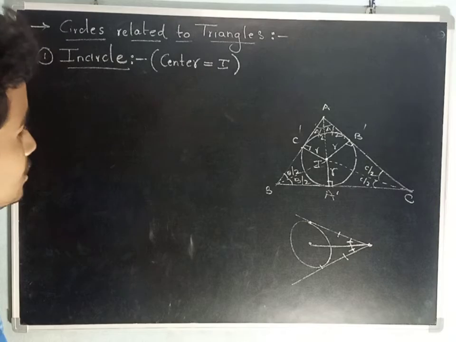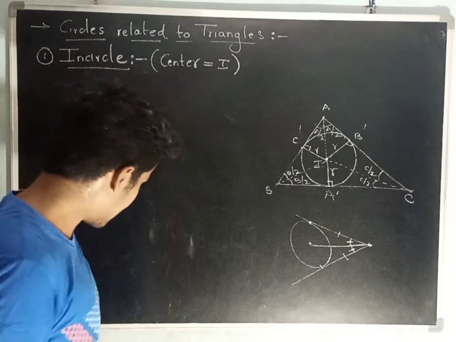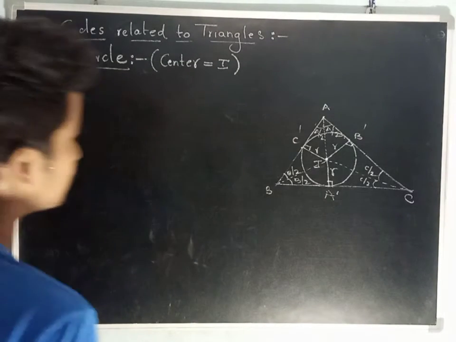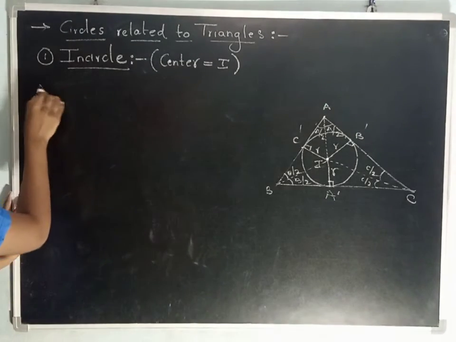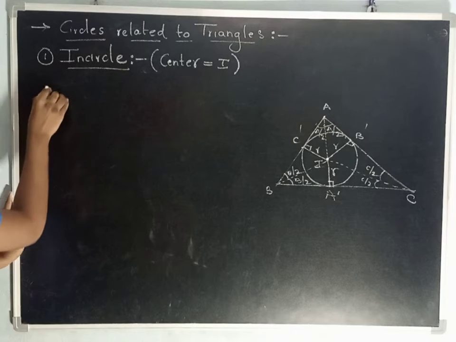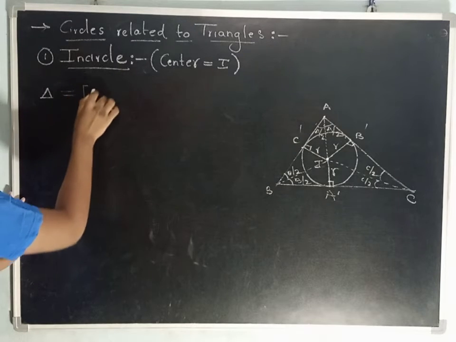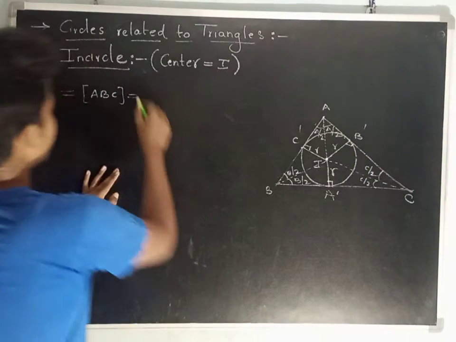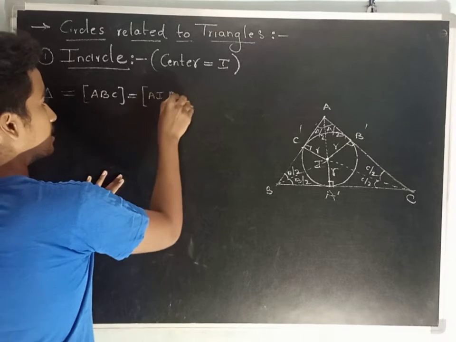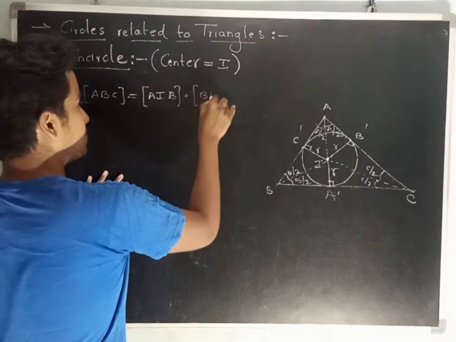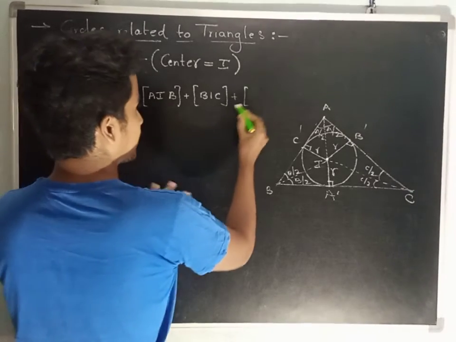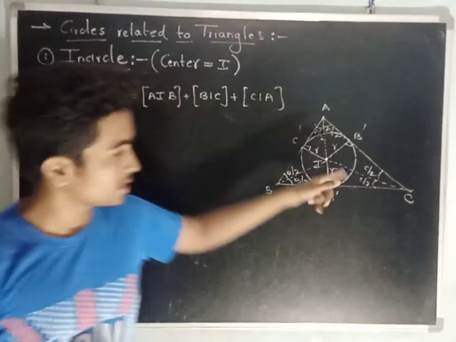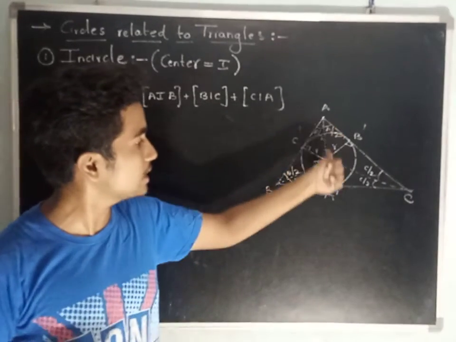Now, let's discuss some of the results related to the triangle and the incircle. Suppose I consider the area of the triangle. Delta is nothing but the area of triangle ABC. It can be written as area of triangle AIB plus area of triangle BIC plus area of triangle CIA.